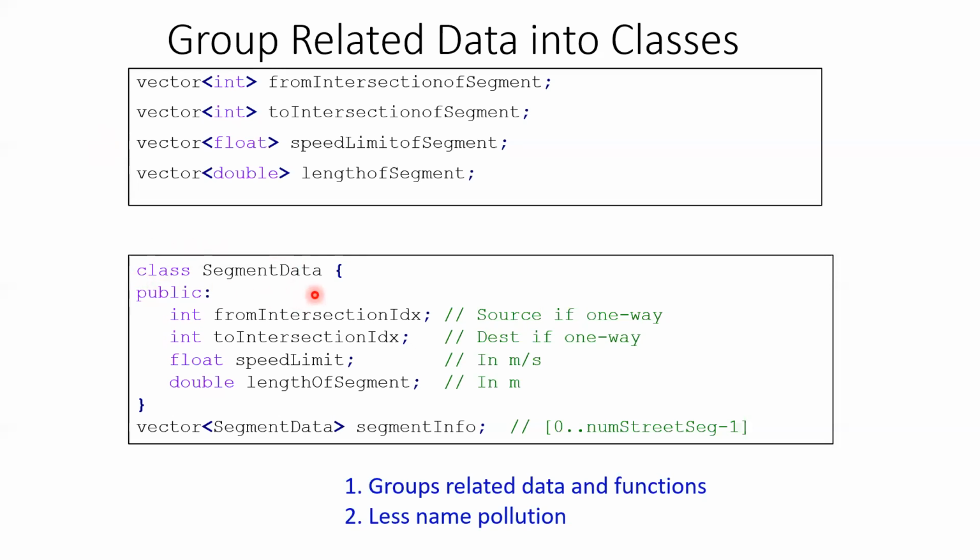If you put data related to segments into a class, you can just use one vector with one vector name. In this case, you need to give names to 4 vectors. This reduces name pollution because you just need to remember one name and then the 4 fields within each of the elements. This is a vector of the class.